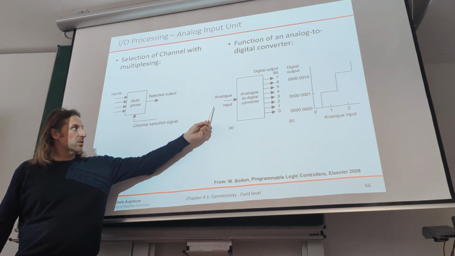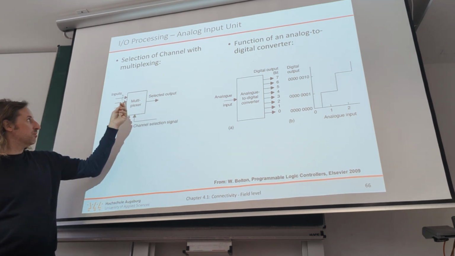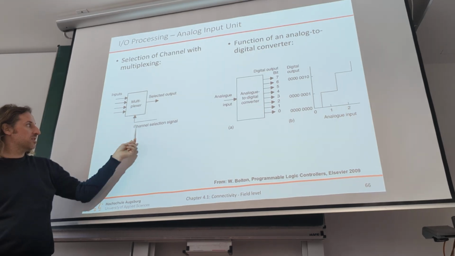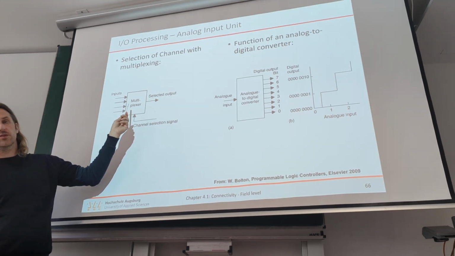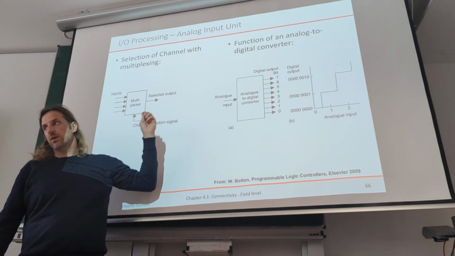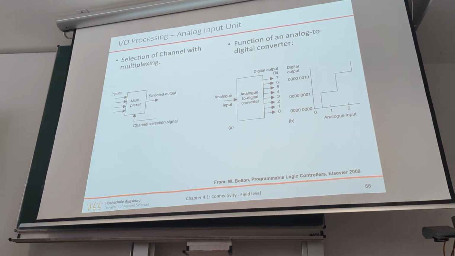And that's why most of the analog systems are actually multiplexed. So you have multiple inputs and you have a selector for the input channel, and then they are converted one by one using the same analog to digital converter. But that has the disadvantage that they are not sampled at the same time.